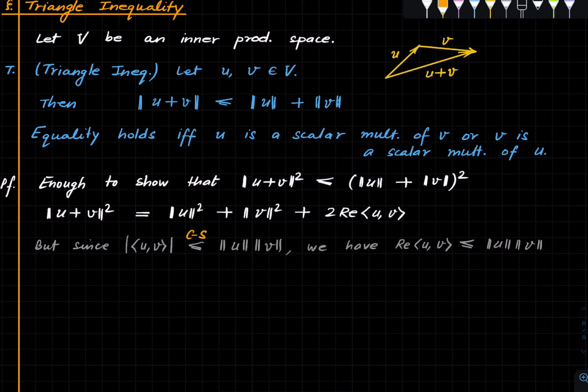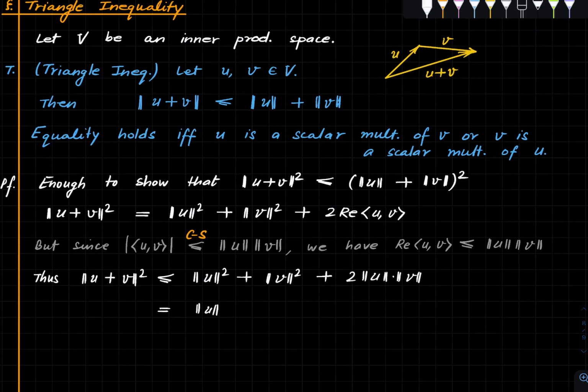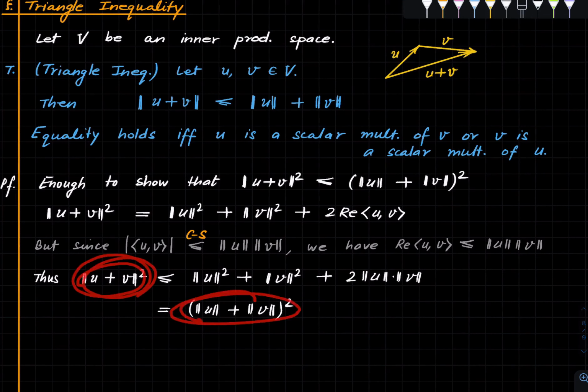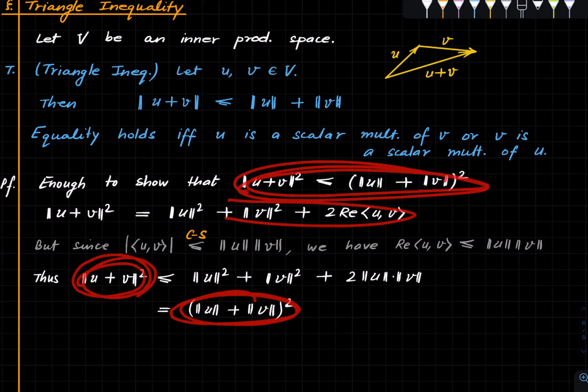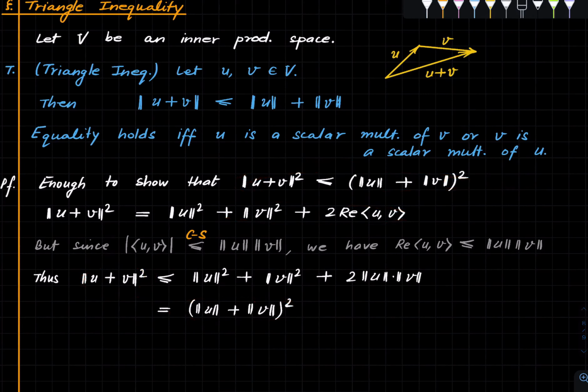So we have that, and hence if we just use it here, what we get is, and the right side is nothing but this, and we are done. This is what we wanted to show, that this is at most that. Okay, so that proves the triangle inequality.